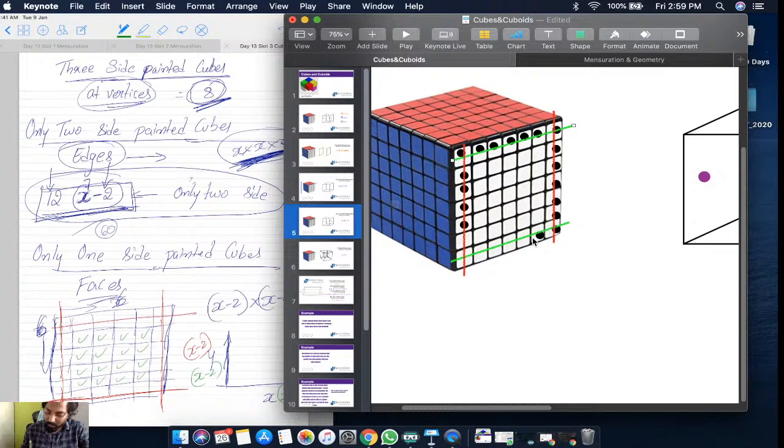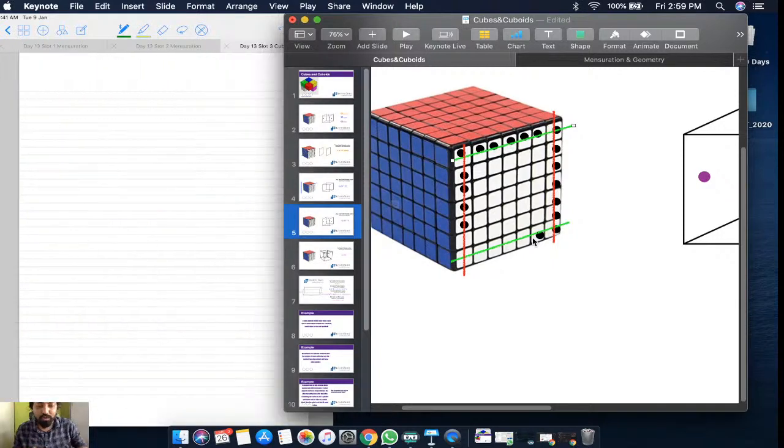So the total number of elements in this green array will be x minus 2 whole square. So the number of cubes which are painted only one side will be x minus 2 whole square.